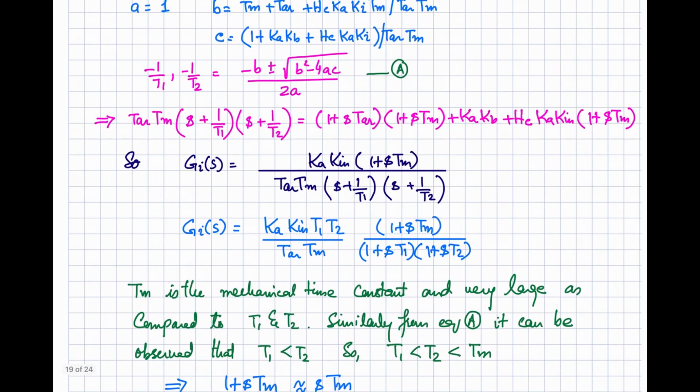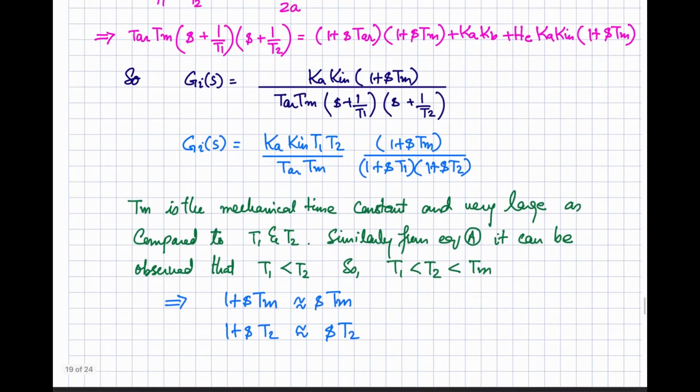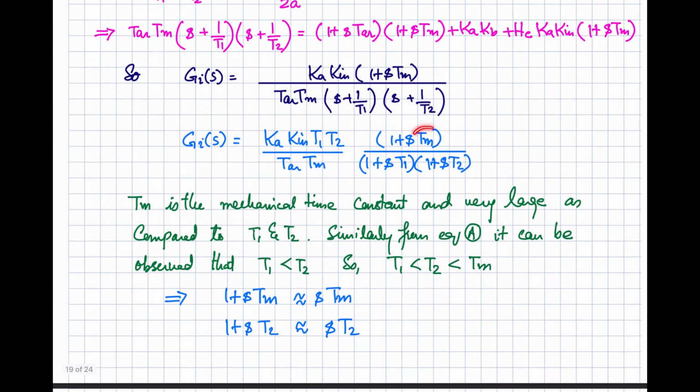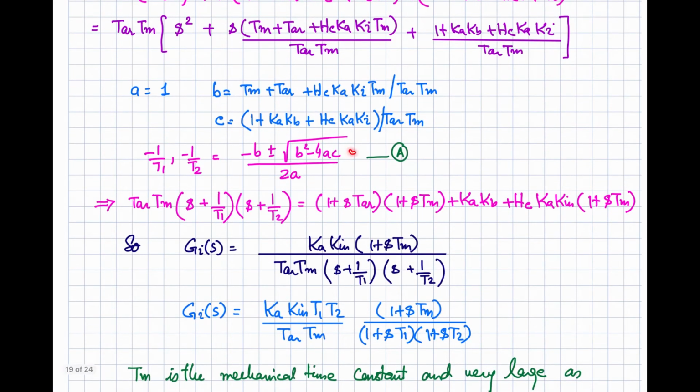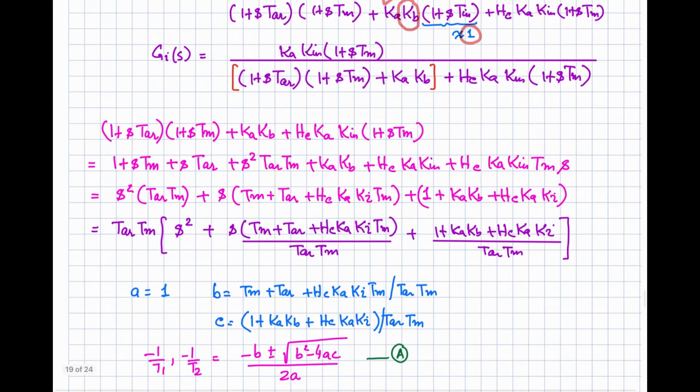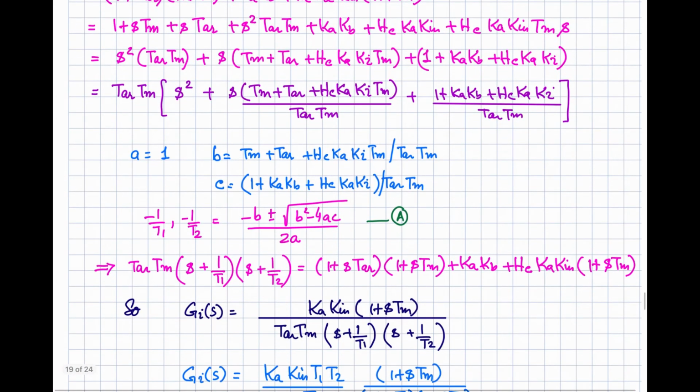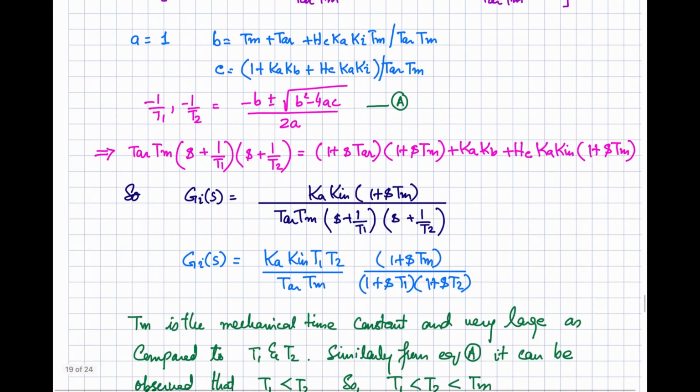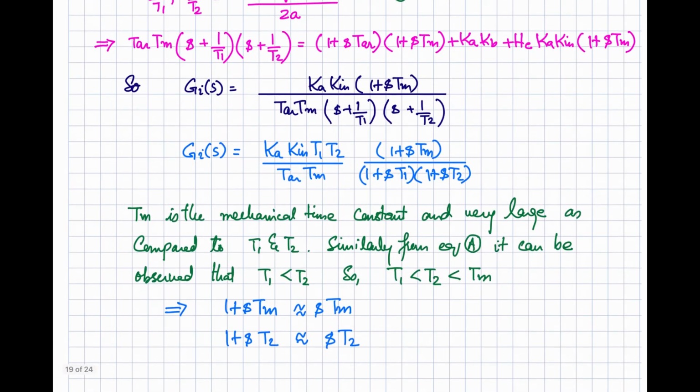And now if we further rearrange it, take the constant terms outside and the 0 and the two poles over here. So Tm is the mechanical time constant, and it is usually very large as compared to your T1 and the T2. And similarly, if you look at this equation A and you look at the parameters of your machine, and if you calculate this T1 and the T2, T1 will be smaller than T2, and both of them will be smaller than the Tm, because Tm is the mechanical time constant.